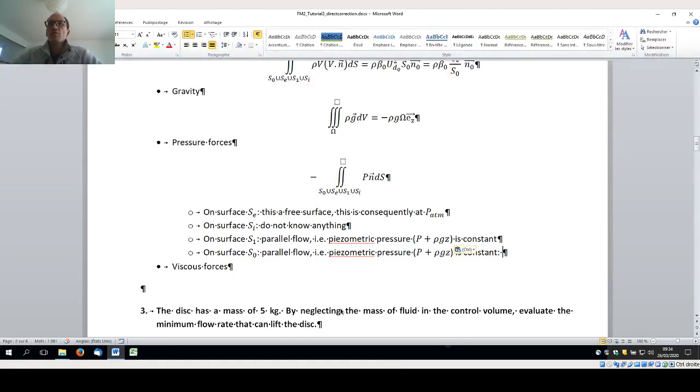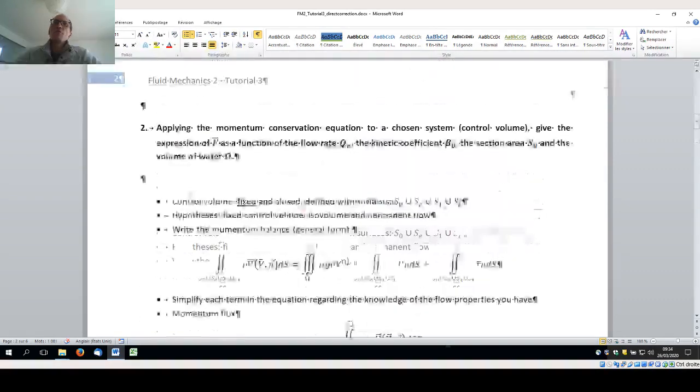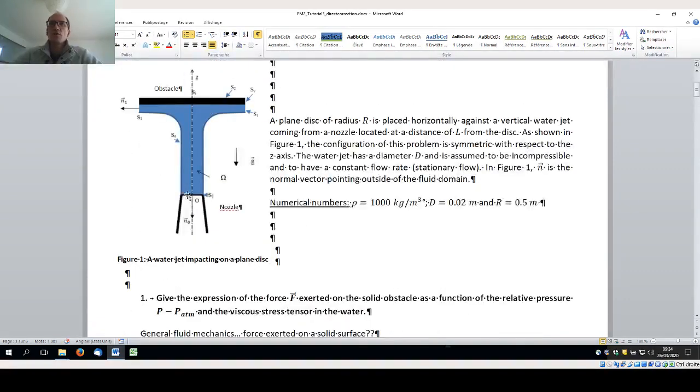So what can we deduce from this if we take the section S0? Section S0, Z is the same everywhere.